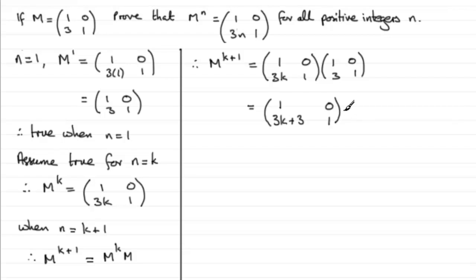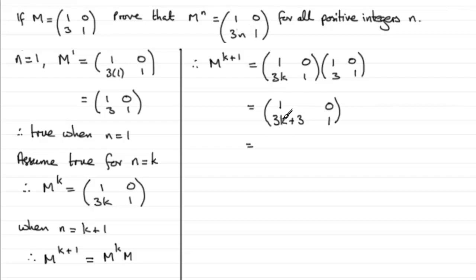Now, if it's going to be true for n equals k plus 1, what am I going to expect to see? Well, I'm going to expect to see, wherever there's an n, a k plus 1. So I'm going to have [1, 0; 3k plus 3, 1], if I actually expand it out, 3 bracket k plus 1.